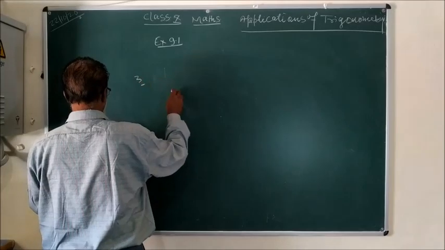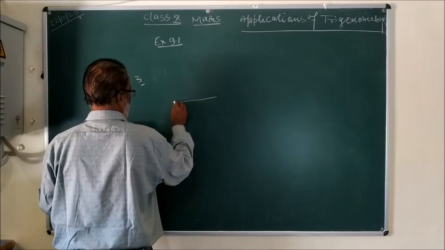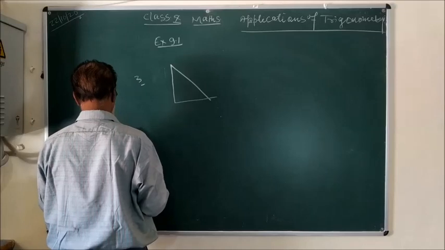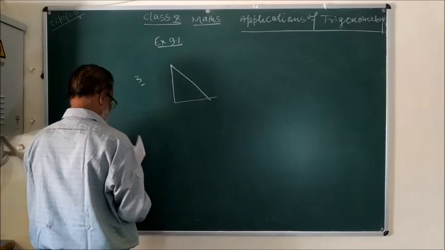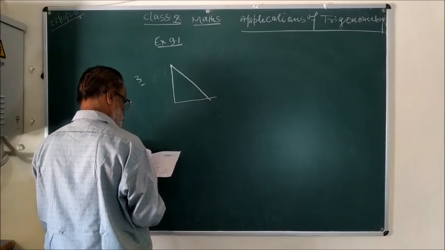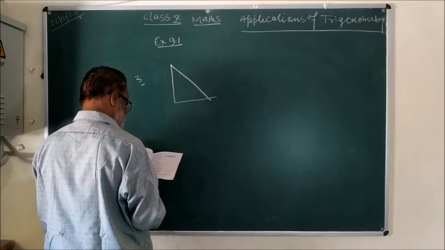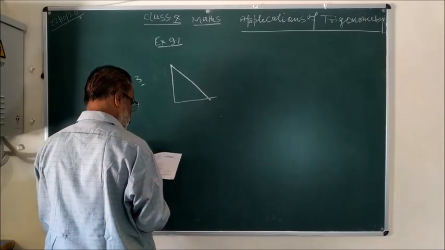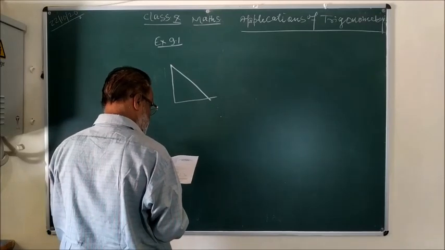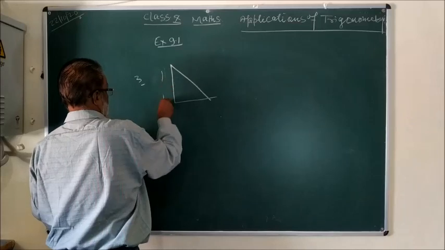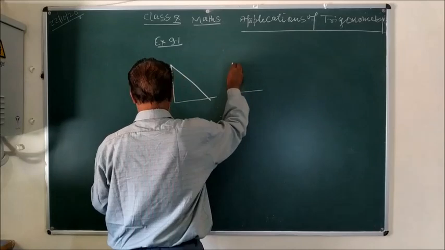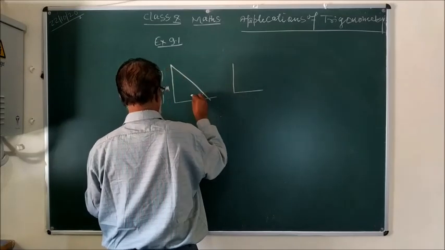Question 3, this is the inclined slide. You see, a contractor plans to install 2 slides for children. For children below 5 years, the slide has a top at a height of 1.5 meters, and this is the angle of 30 degrees.